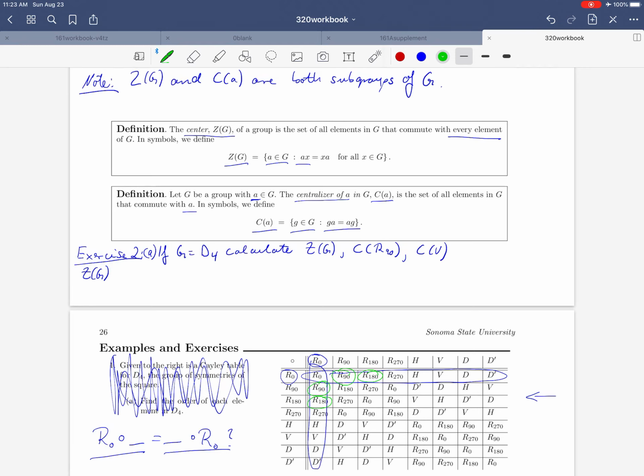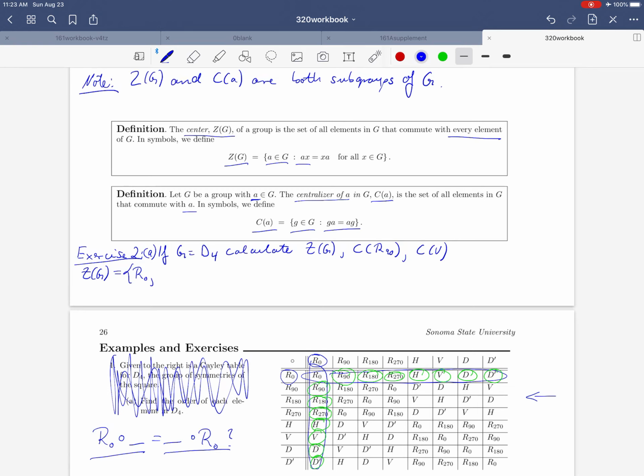And yep, R0 composed with R180 is the same as R180 composed with R0. And then we just go down, and yep, they are the same. When we compose with H is the same, with V is the same, with D, yep, that's the same, and so on. Those are all the same. So that means that R0 commutes with everything. So we have found something that is in the center of our group D4.